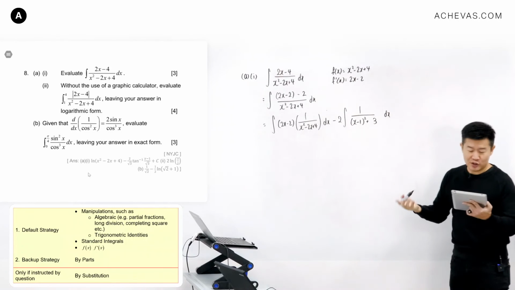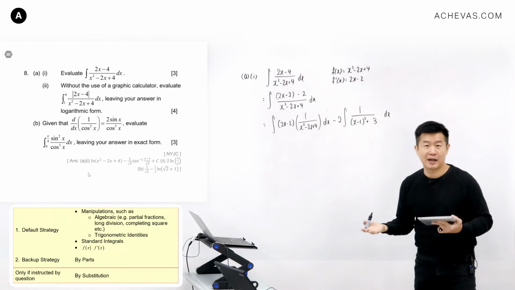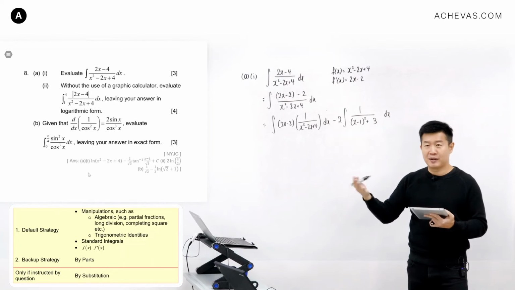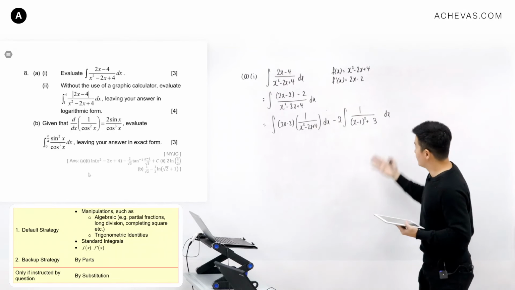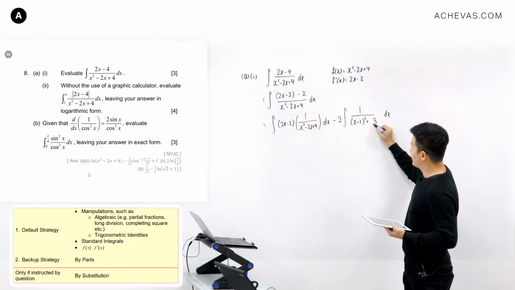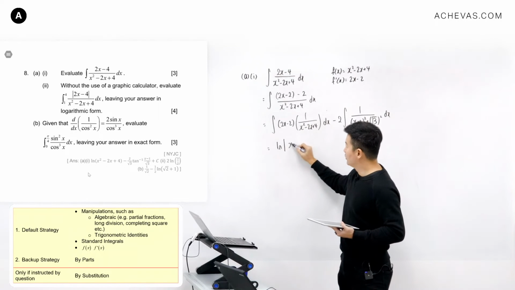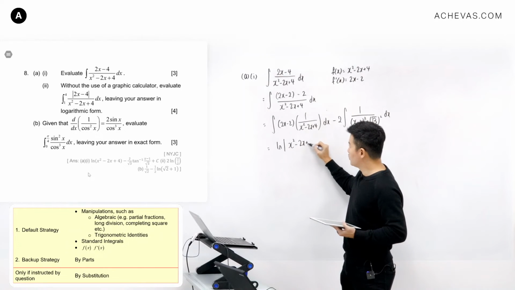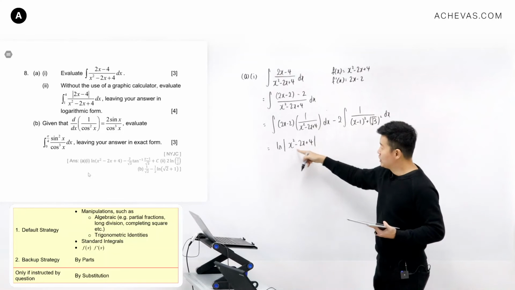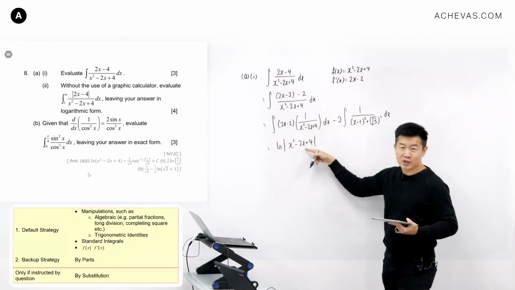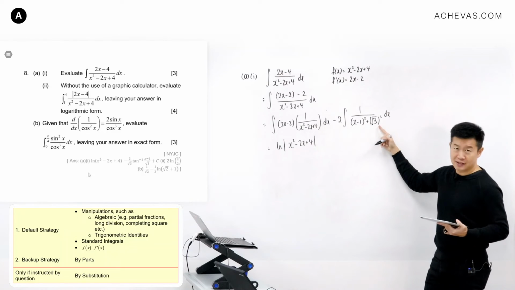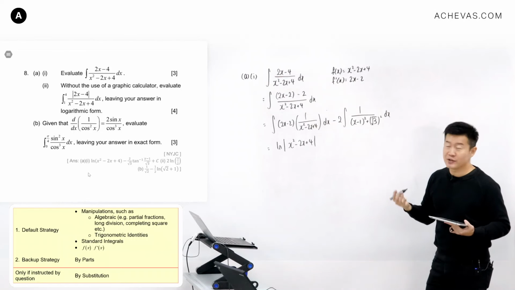And this, we can actually apply f'(x) over f(x). I'm going to be applying the one that gives me tangent inverse, because positive 3, I can see it as square root of 3 squared. So for this, we have ln of modulus of x squared minus 2x plus 4, which if you complete the square for this expression, you're going to get this. And this expression is an always positive expression.